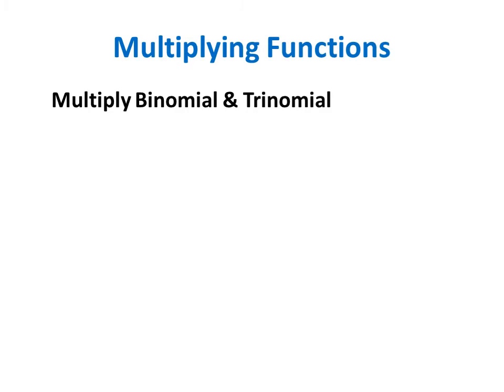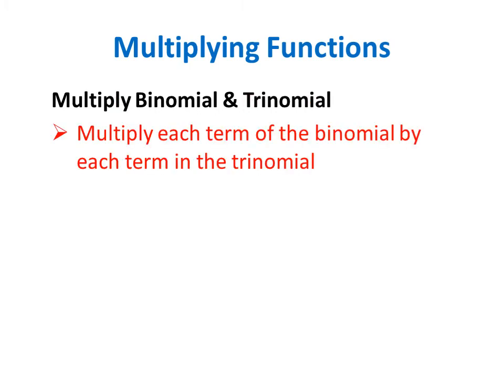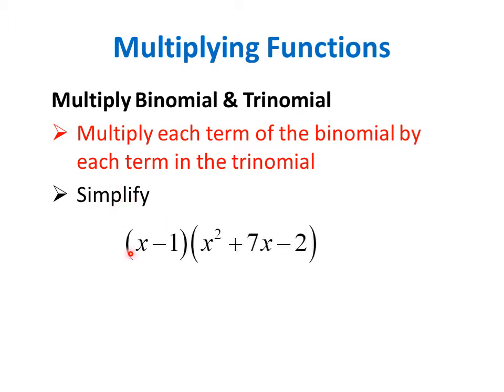The third case of multiplying functions is multiplying a binomial and a trinomial. In this case, we have to multiply each term of the binomial by each term in the trinomial. And then we have to simplify the resulting expression. For example, let's say we have to multiply the binomial x minus 1 by the trinomial x squared plus 7x minus 2.